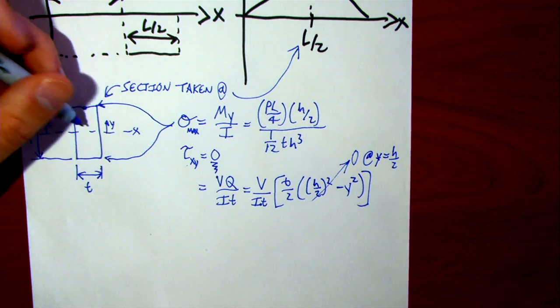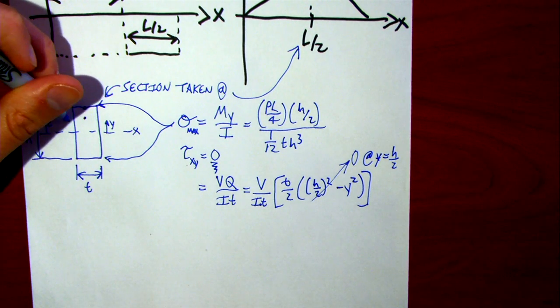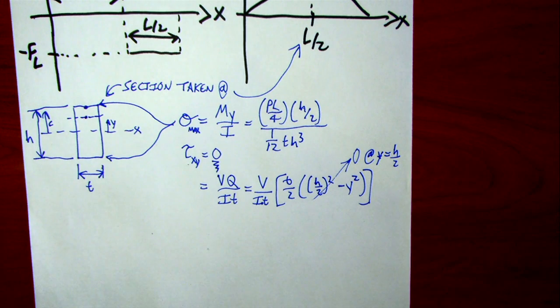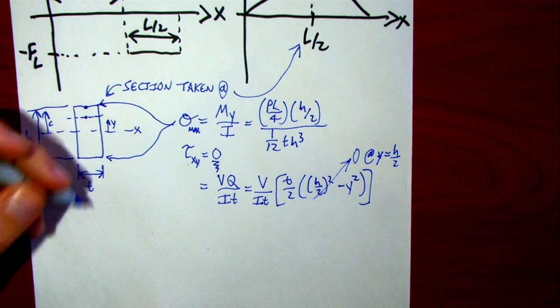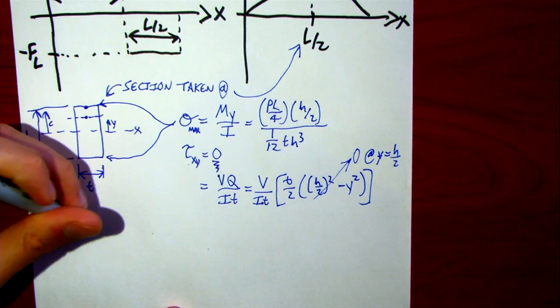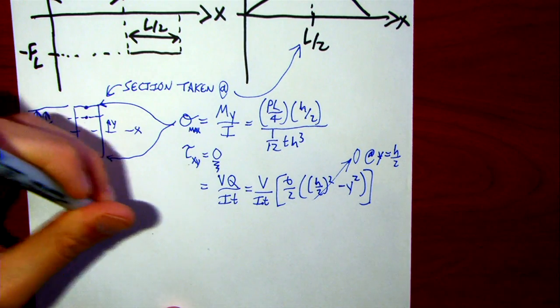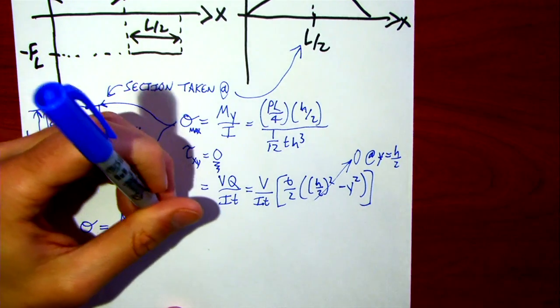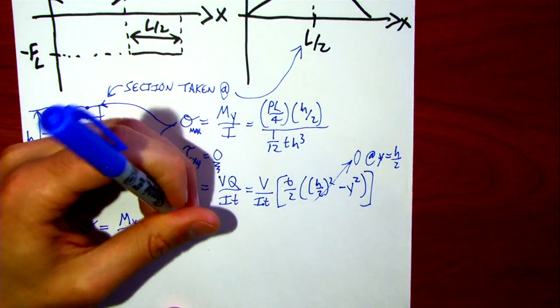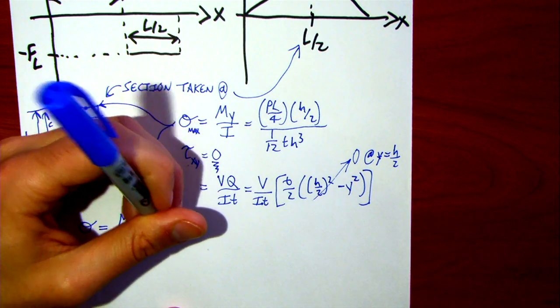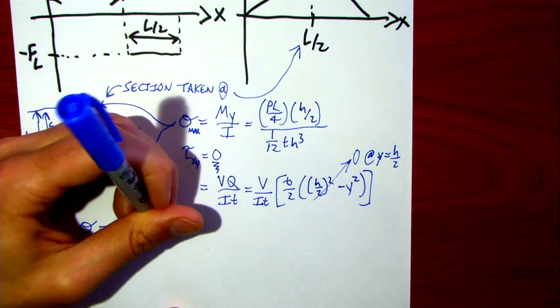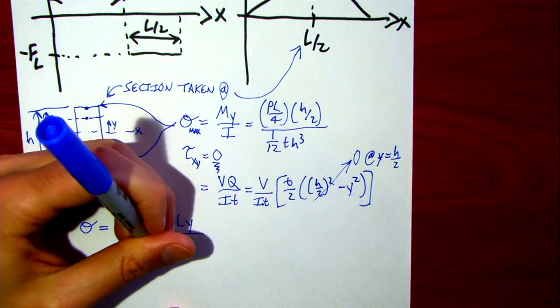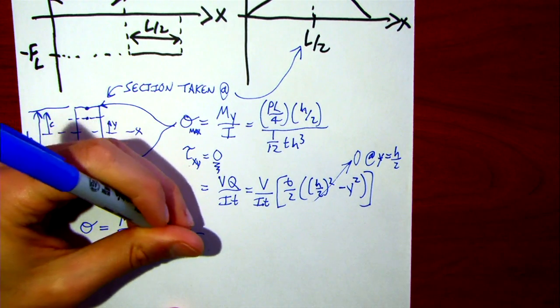But let's look, say, here, at some point that's not at the top or the bottom. So if we did that, we should call at some point y away from the center. Well, it's My/I, and as far as we can simplify that, it's 1/4 PLY over 1/12 TH cubed.